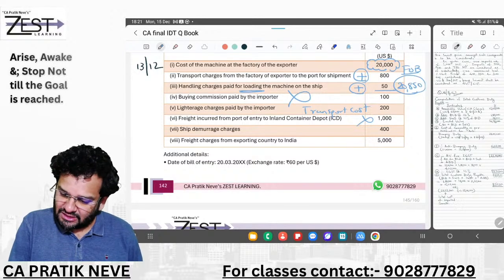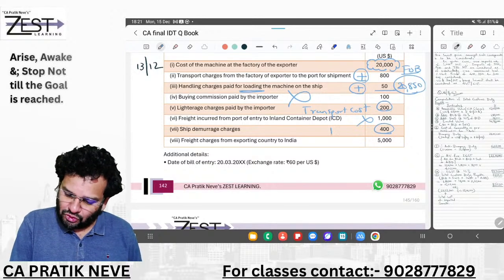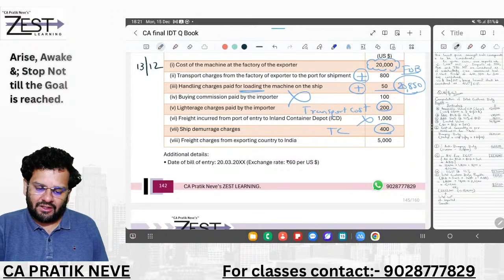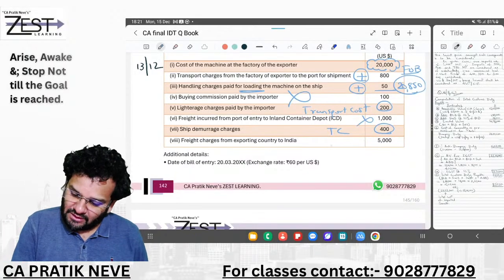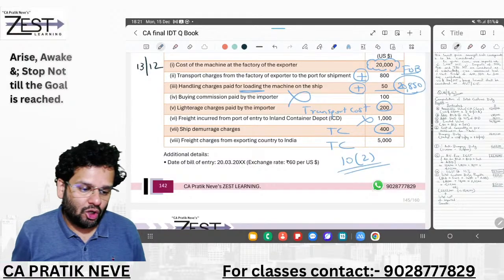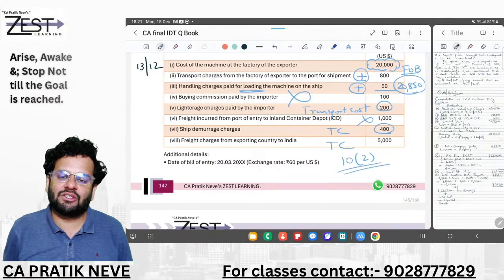Ship demurrage charges will be included. This is also transport cost. And freight charges from the exporting country to India: this is also your transport cost. So all this is your adjustment under Rule 10(2) of the Customs Valuation Rules.